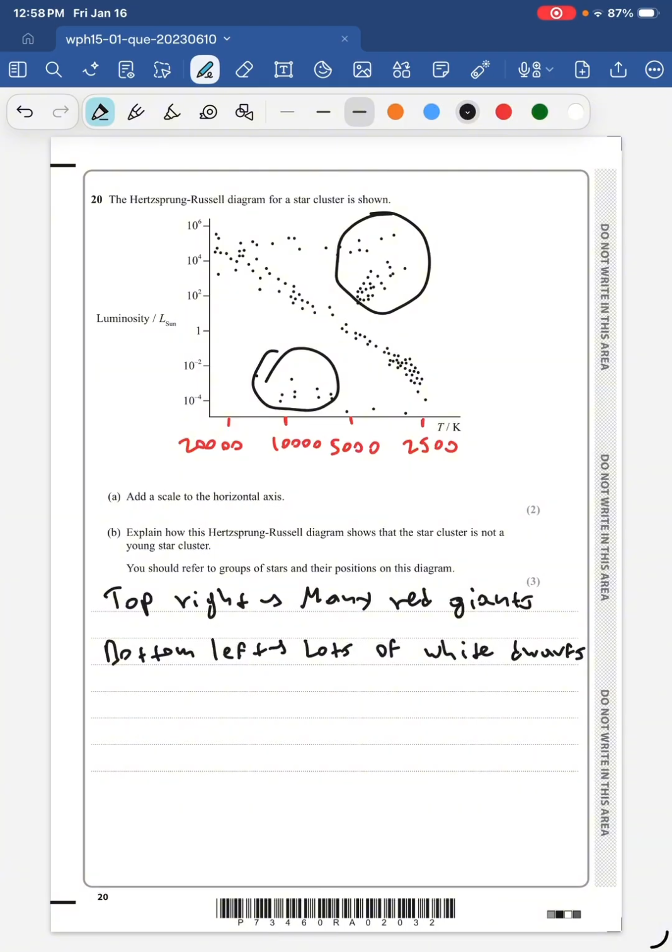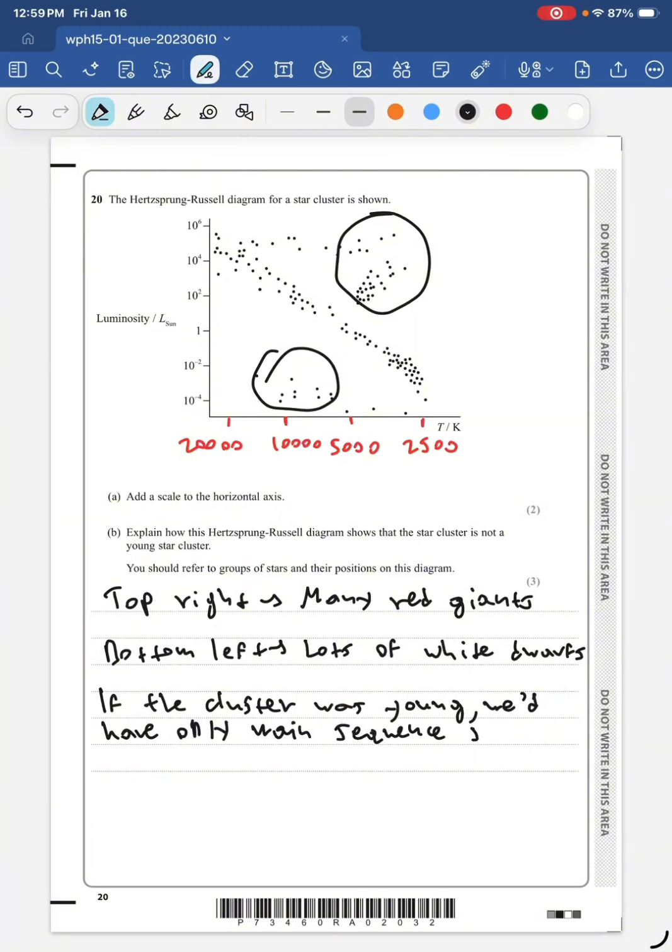What else? If the cluster was young, we would have only main sequence stars, which is not the case here.